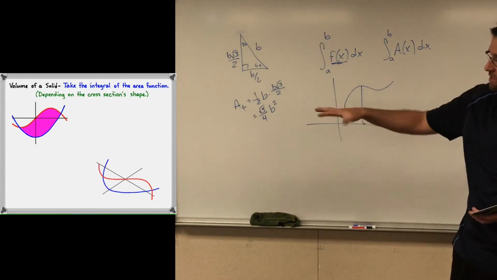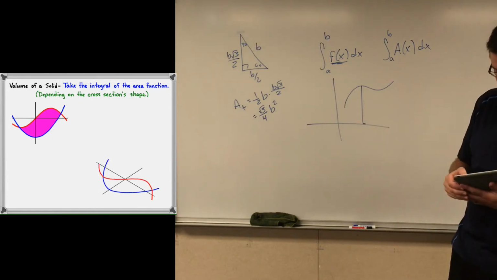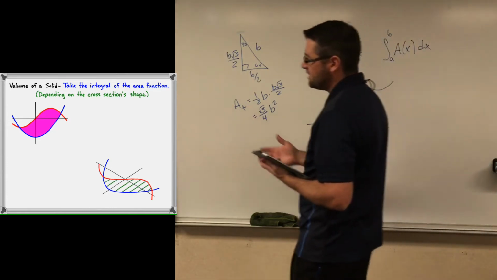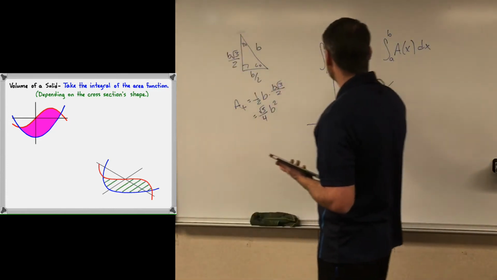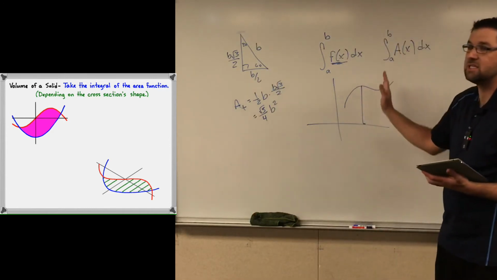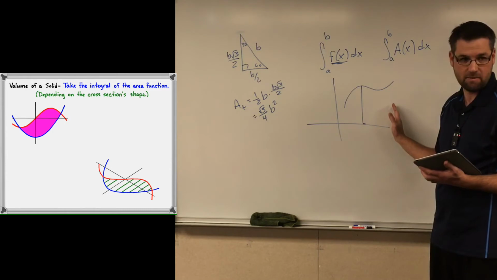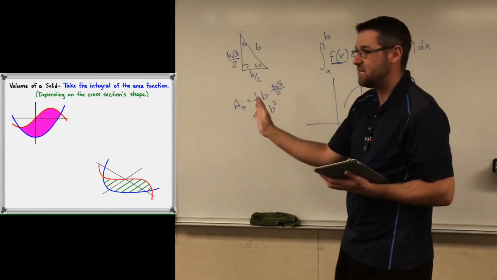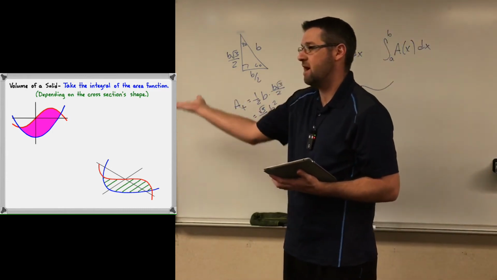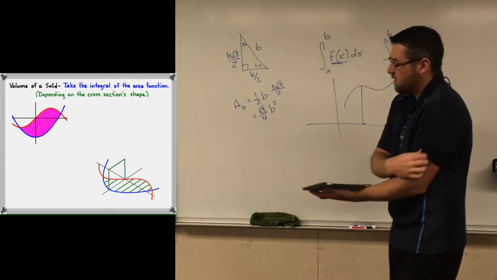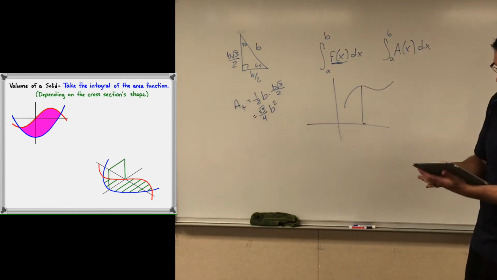So I'm going to take the axis and kind of turn it on its side, okay? So let's say I slice it. So here, when I was slicing this, I was slicing it into a bunch of what? A bunch of rectangles, right? Here, I'm slicing it into a bunch of rectangles, but now they're going to have a height with them as well. Okay? How do I draw this? So here's one rectangle.